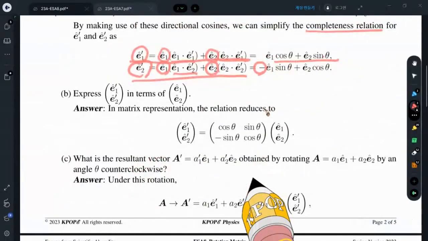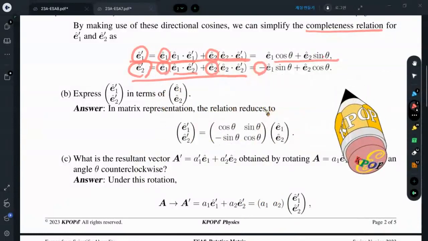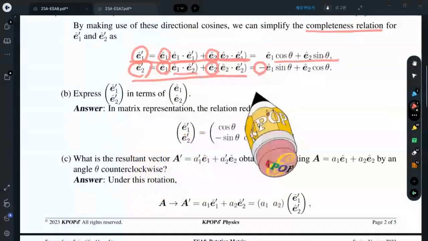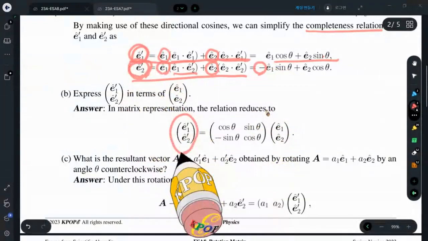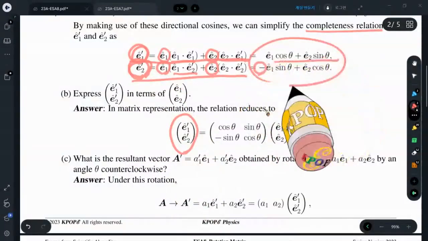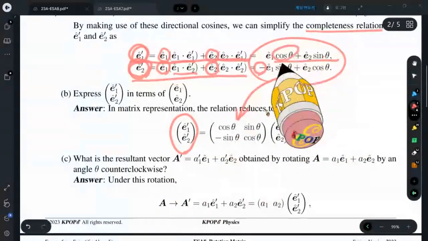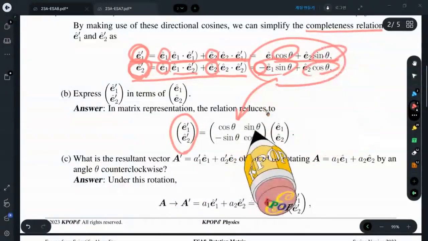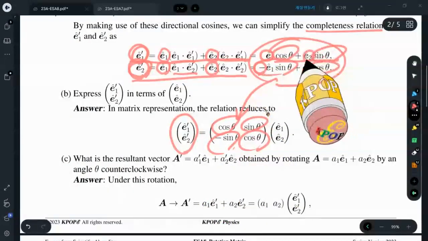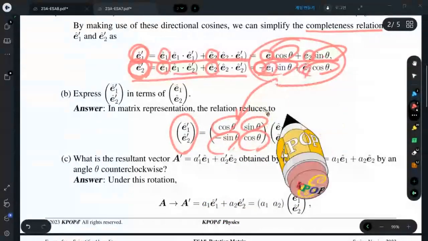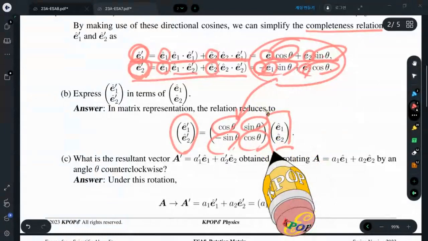So why don't we make use of matrix representation because it is too busy? Okay, so I'd like to express E1 prime, E2 prime as a column vector. Then for this, I just copy all of the coefficients in this matrix and write the E1 and E2 unit vectors as a column vector.